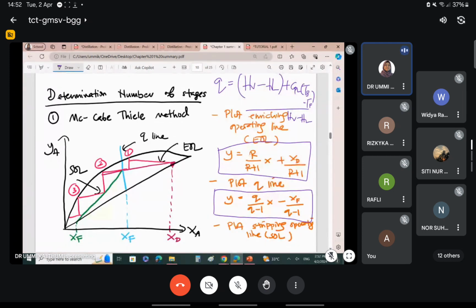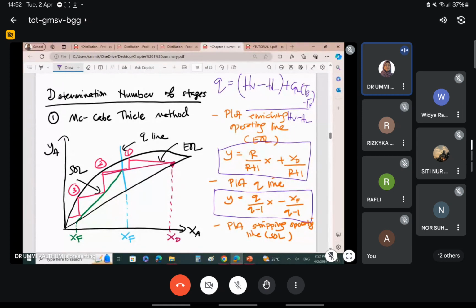Kalau dia tak mention dalam soalan, no mention about the condition, whether the boiling point or dew point, so you have to calculate the Q. So guna equation ini. HV minus HL is latent heat, biasanya diberi, the value is given.